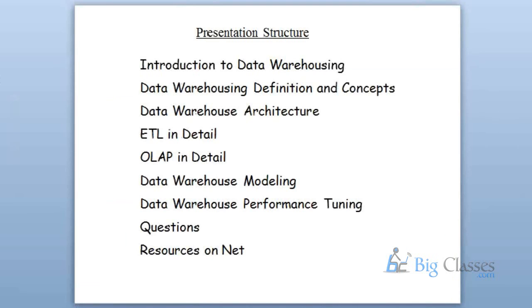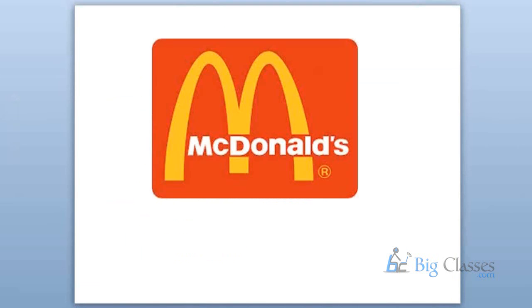Let's try to understand how data is used in a fast food restaurant which serves food items to customers. Whenever a customer goes to McDonald's seeking some food items, the person there enters the order details of the customer through the front-end application.